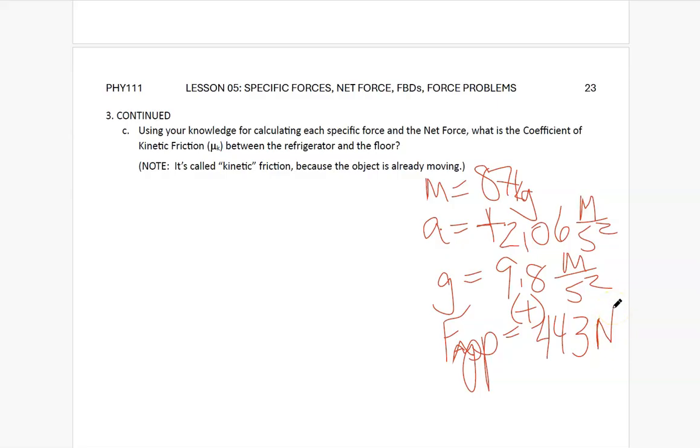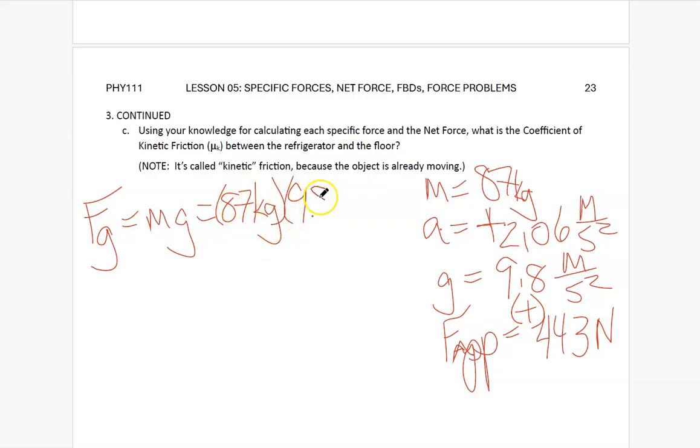Okay, so we have a lot of information at this point, and we immediately know that we can calculate the weight. The weight is equal to mass times G, which is 87 kilograms times G, 9.8 meters per second squared. We pull out our trusty calculator, and we determine that the weight is equal to 852.6 newtons.